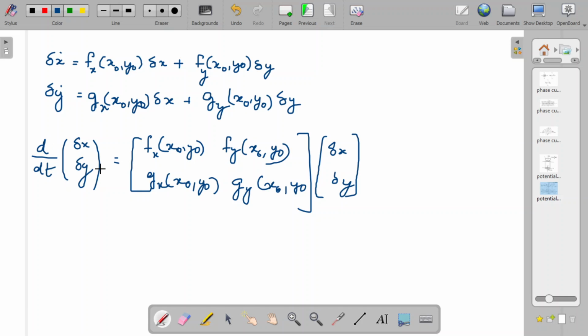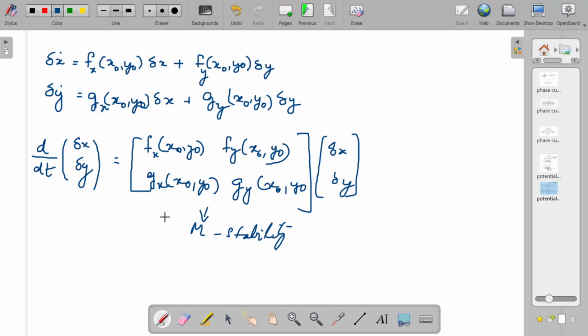Okay, so this is actually a linearized equation, and we have written that in terms of a stability matrix. I call this matrix M, and this is referred to as the stability matrix.